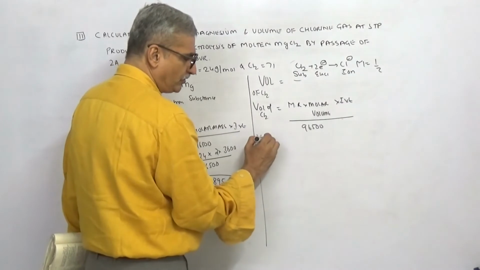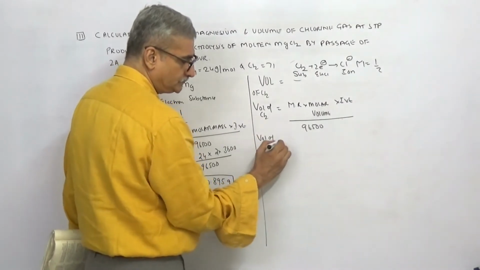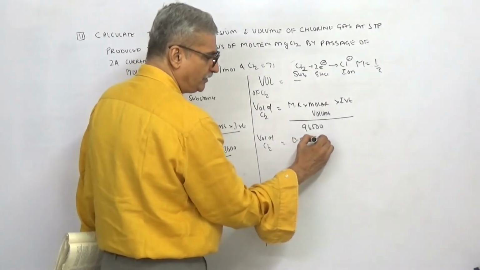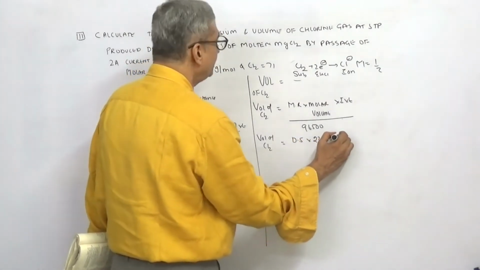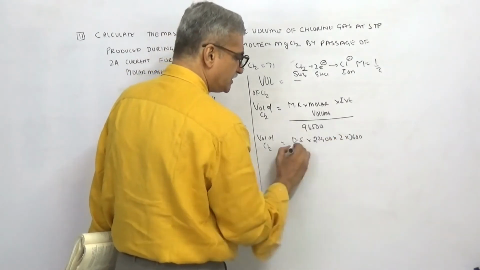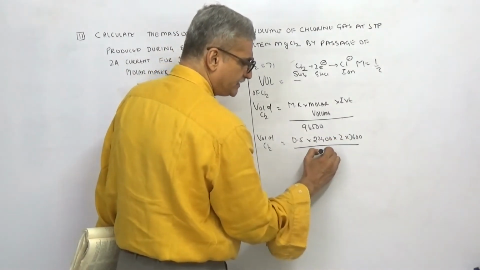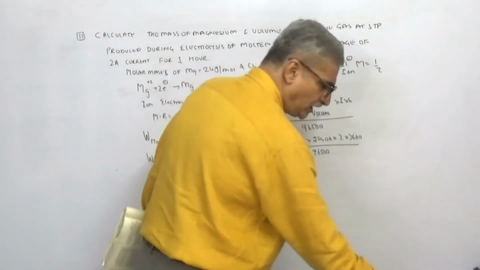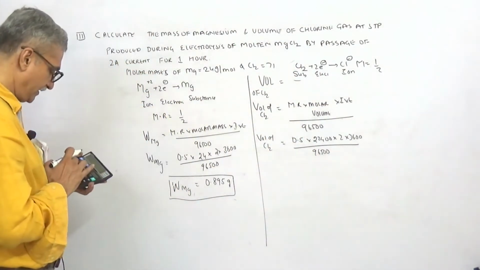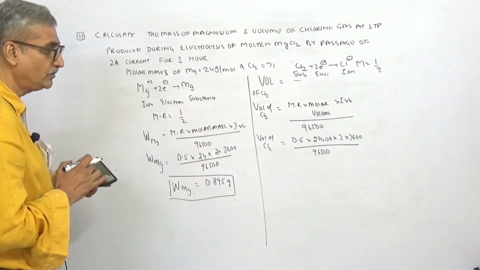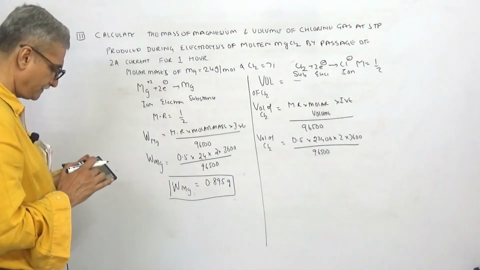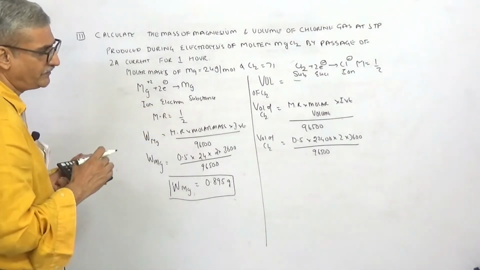So volume of chlorine, mole ratio is 0.5, half, into 22,400 ml into I, the current was 2, into 3,600 divided by 96,500. So how much ml will this be? So 11,200 into 2, 2 into 0.5 is 1.